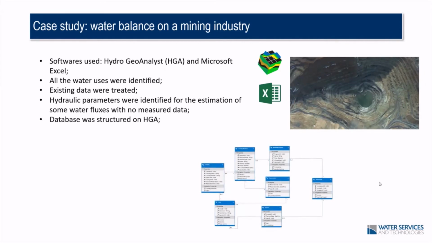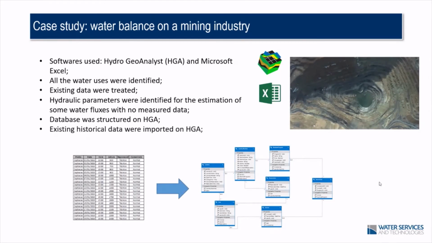So we had the database structured on HGA. We rearranged all the tables, we gave names to the tables, and we showed HGA the relationships between all these tables. Existing historical data were imported into HGA, and we built some SQL queries to get the data from HGA into Excel.